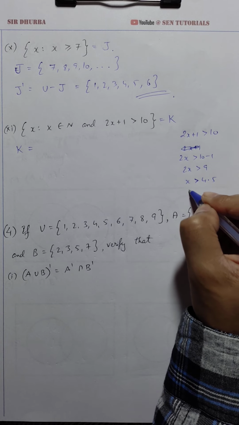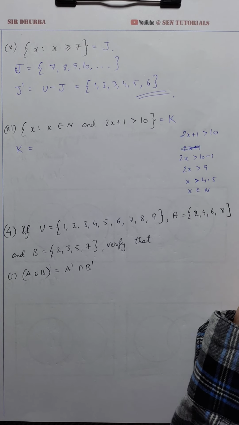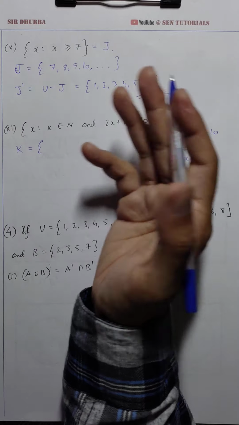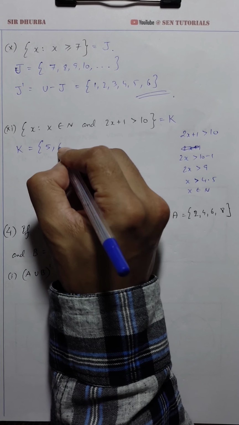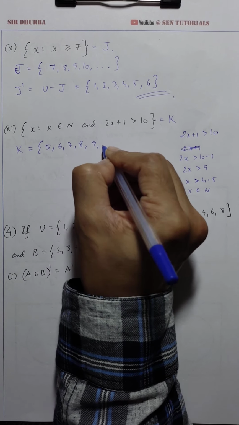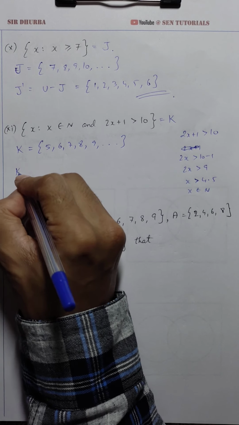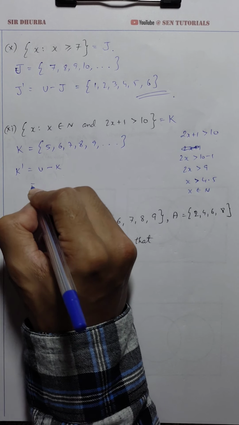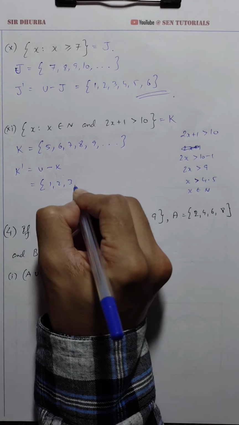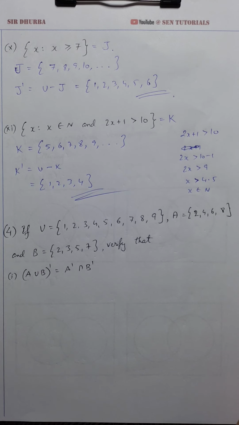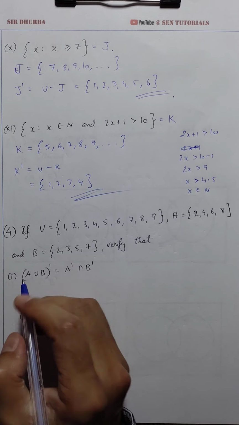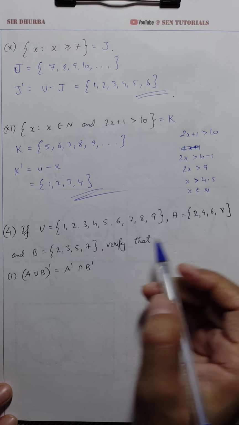Greater than 4.5, but remember x belongs to natural numbers. So it will be 5, 6, 7, 8, 9, and so on. So K complement will be universal set minus the set K. That's going to be 1, 2, 3, 4. Done? Alright, next.